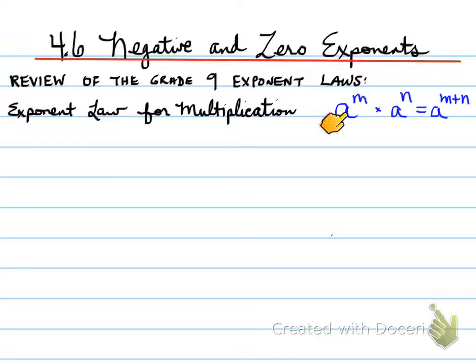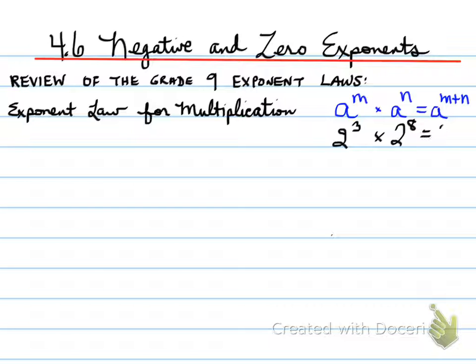What that means is, let me show you an example: if I have 2 to the power of 3 and I multiply 2 to the power of 8, because I have two powers with the same base, what will that equal?